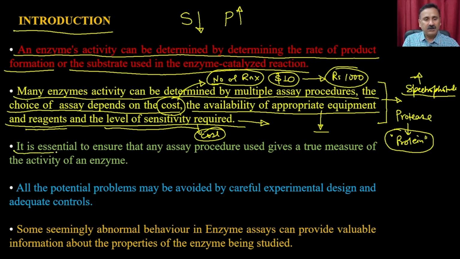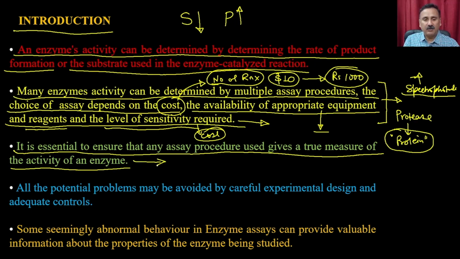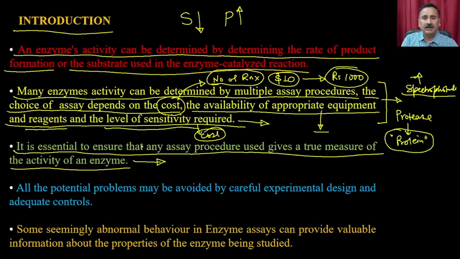Then it is essential that you ensure that any assay procedure gives a true measure of the activity of an enzyme. When you develop the assay, it should give you the right readouts. In this procedure, you should first figure out what you are going to measure, and whether there will be cross reactivity, because as I said in the previous slide, the substrate and products are not very different, but they differ in some properties.